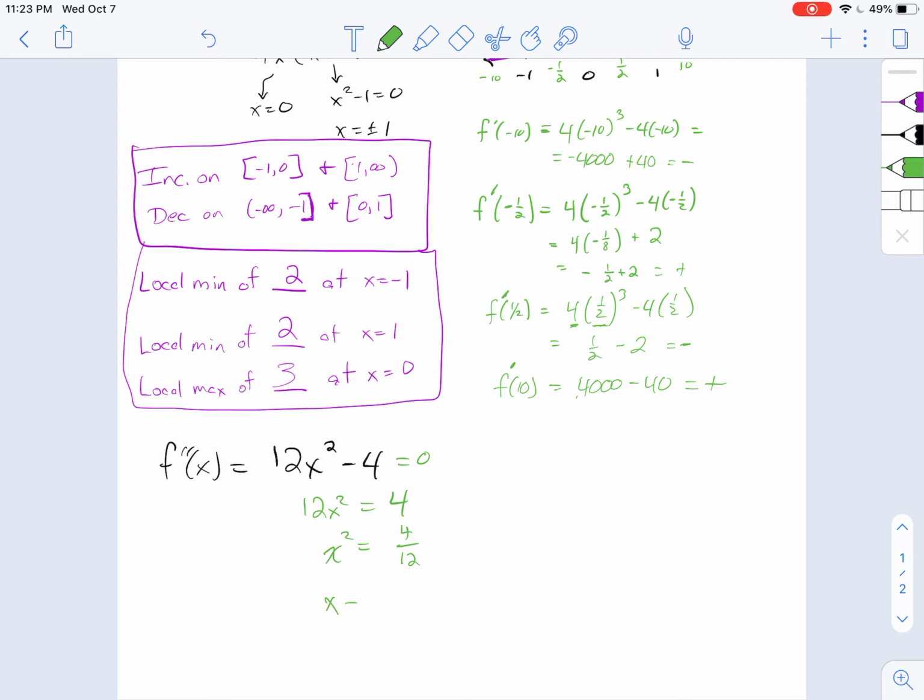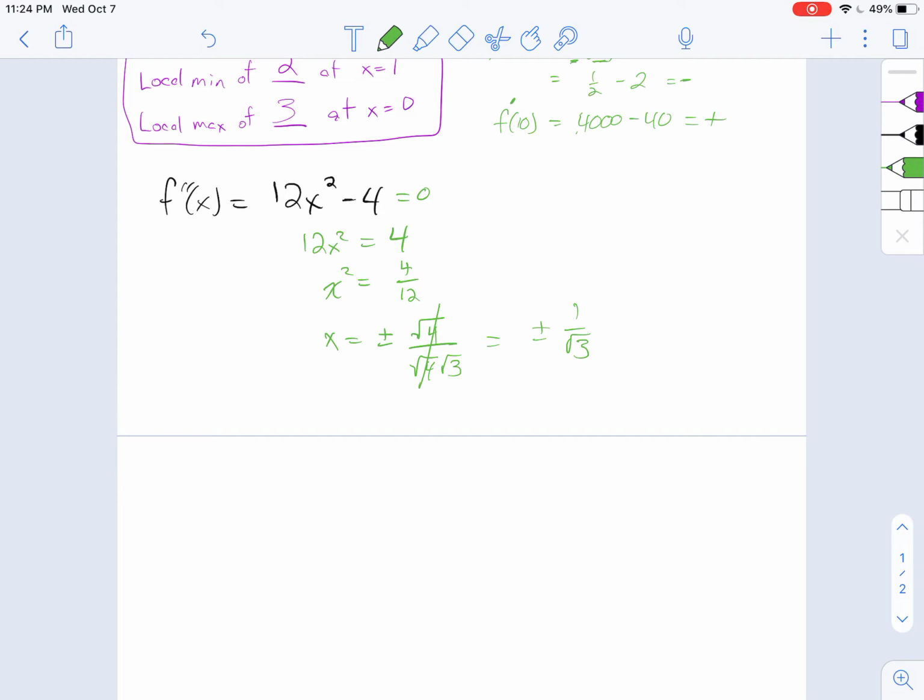So x is plus or minus square root of 4 over the square root of 12. Let's rewrite the square root of 12 as square root of 4 times square root of 3. I could simplify those, but I'm just going to cancel them. So x is plus or minus 1 over root 3.